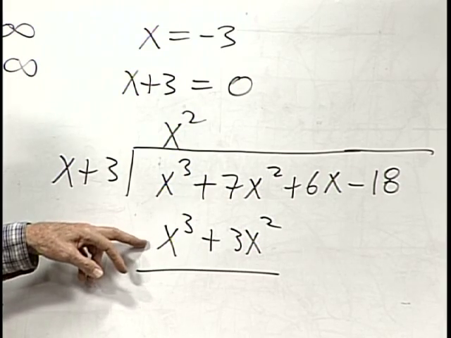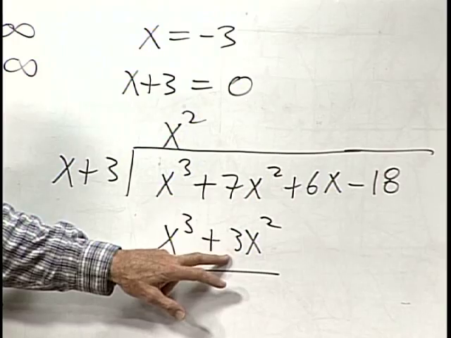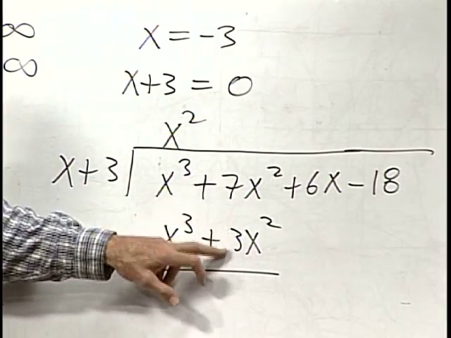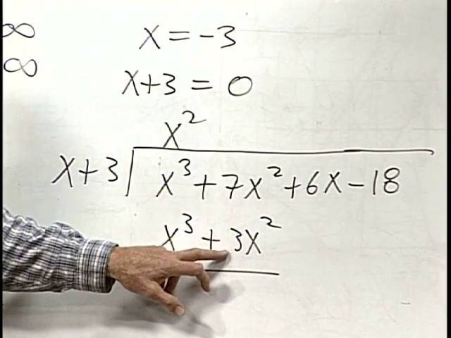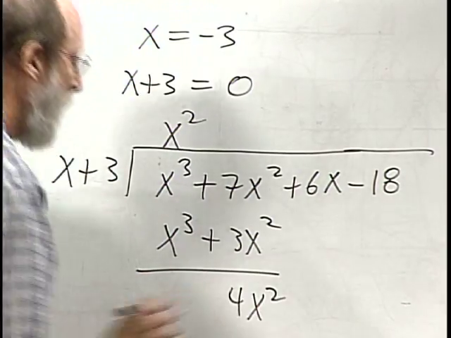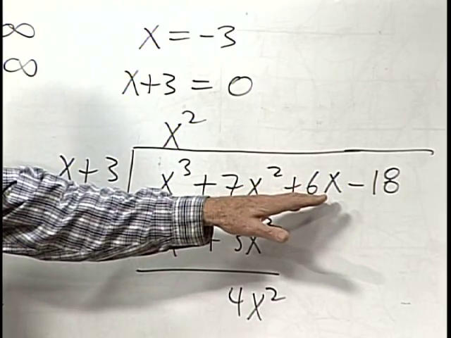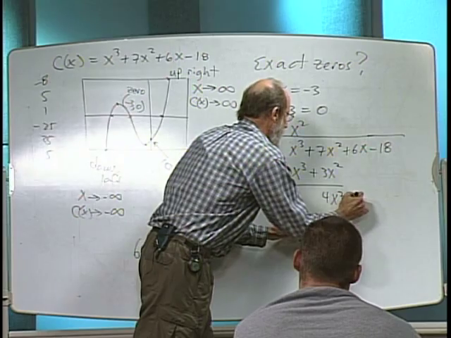This then becomes negative, and it cancels out with that. This becomes negative to that and leaves you with how much? The difference between 7x squared and 3x squared is positive 4x squared. Now we bring down, like you did in long division, 6x.